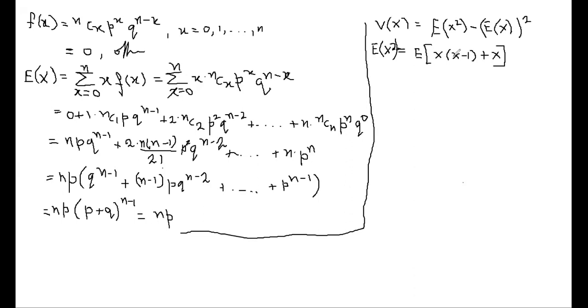If you simplify this part, it is nothing but x square minus x plus x, so it becomes x square only. Okay. Now I can write it as expectation of x into x minus 1 plus expectation of x. Again this part is known to us, that is NP. Only the part left to evaluate is this one.